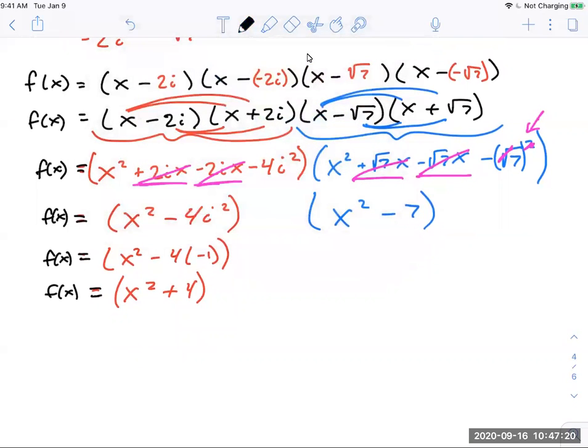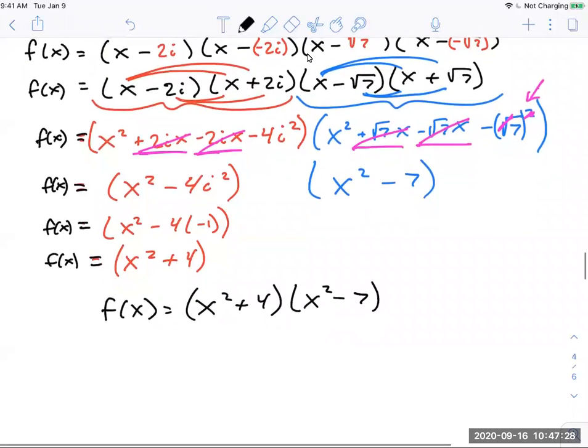So now let's combine these. And let's finish the problem off by distributing. You could do the box method if you prefer it.